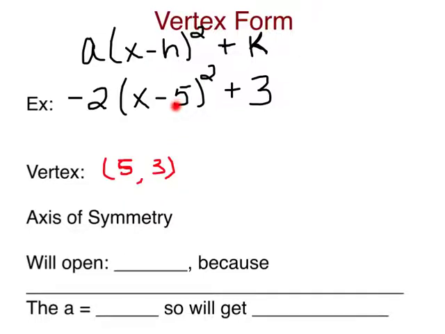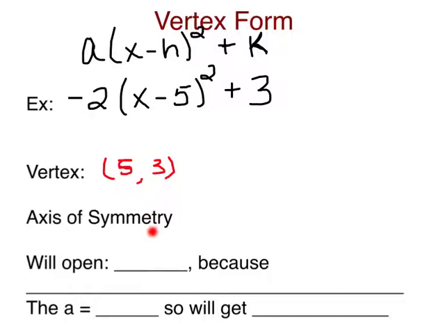What we want to remember is that whenever it's inside my parentheses, we're going to write down the opposite. So if I see negative 5, we're going to write down positive 5. Anything that's outside the parentheses will always stay the same, so we're going to write down 3. So my vertex, notice that it's written as a point, because it's also known as my turning point, is (5, 3).